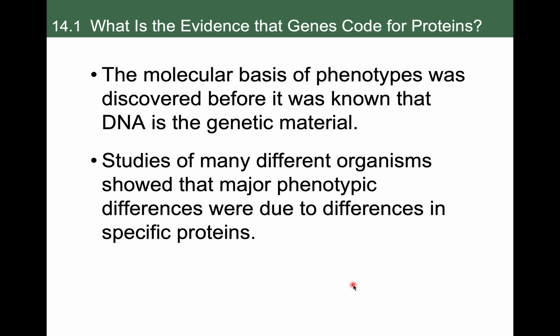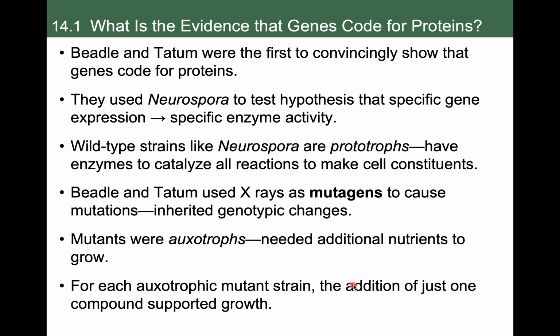For example, we could isolate this purple pigment from a flower, and we knew that's what was making the flower purple, but we didn't necessarily understand how that was connected to genes. And it was really these two guys, Beadle and Tatum, working on just bread mold of all things, Neurospora, that were able to really show that it is genes that code for proteins.